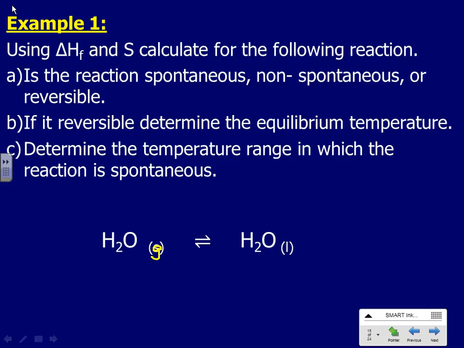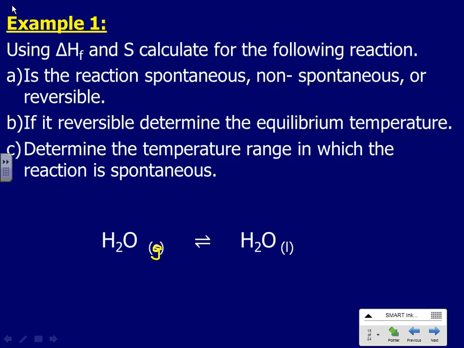So to finish this question, and let's just do this officially, we'll finish the question. Determine the temperature range in which the reaction is spontaneous. So what I've tried to get across to you here is, to determine this answer, you look at the entropy and the enthalpy.